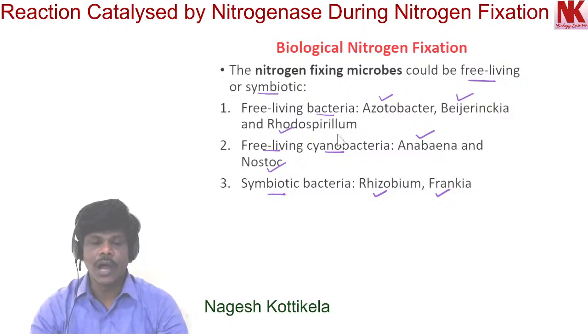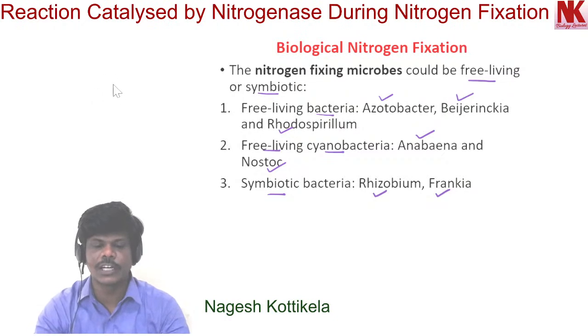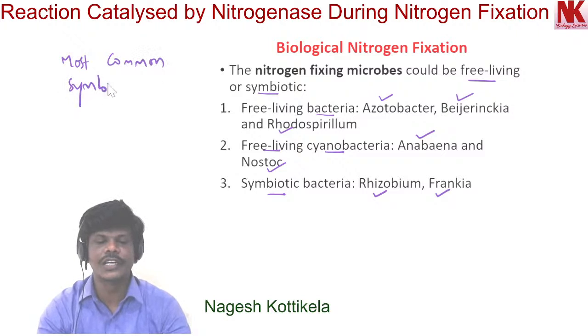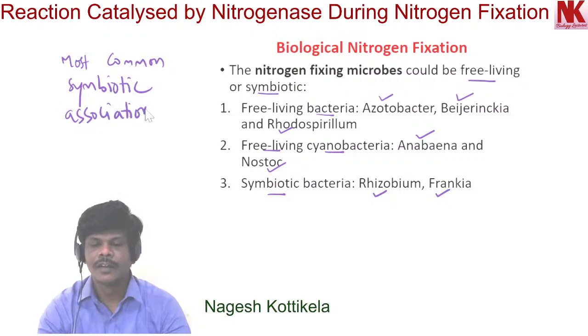Several types of symbiotic biological nitrogen fixing associations are known, but the most common symbiotic association on roots is as nodules.